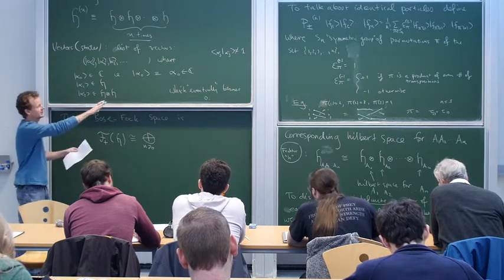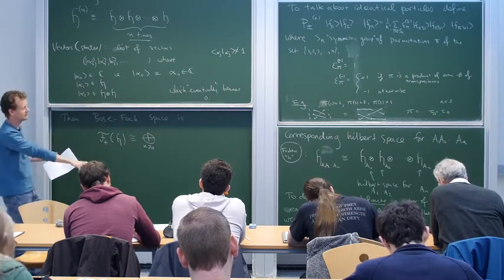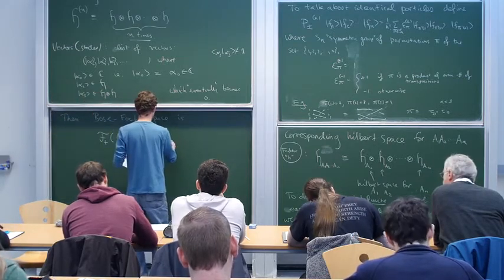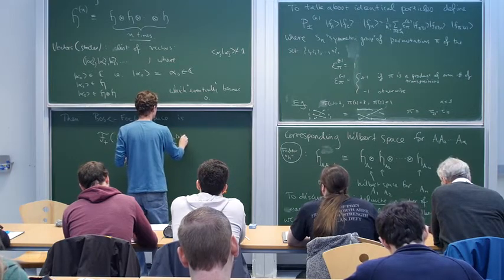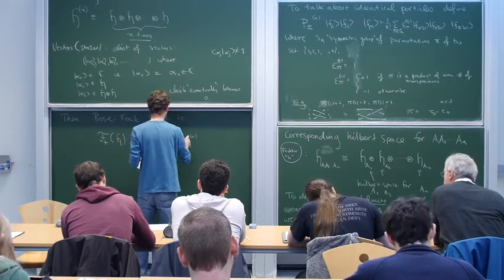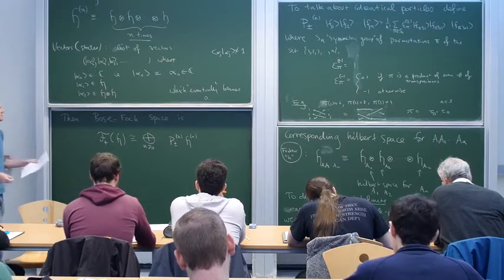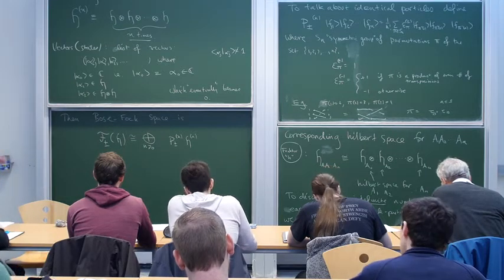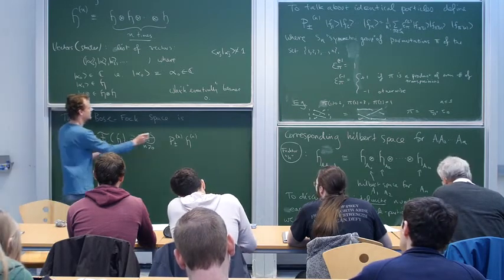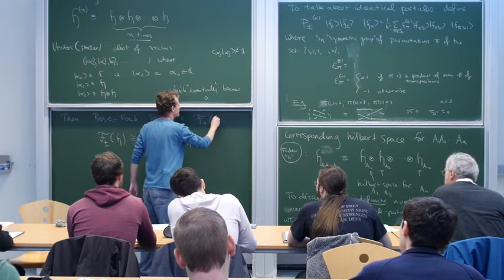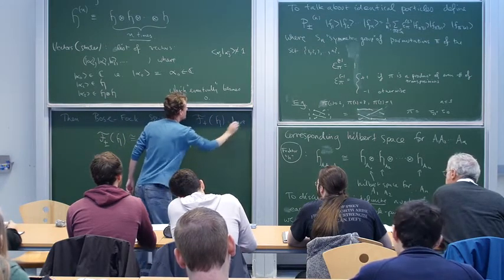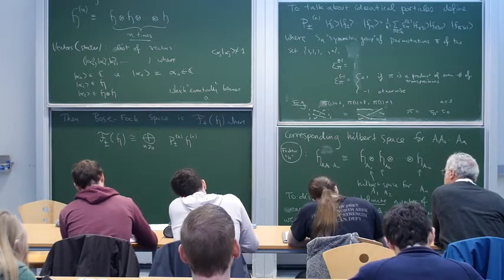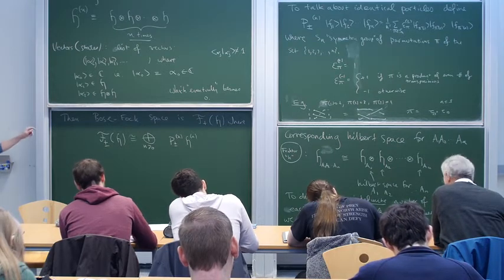It's almost exactly the same as the Fock space for distinguishable particles, except we're going to apply this projection P. Oops, there's a minus there. Well, let's do both of them at once, because we can. That's the whole beauty of this notation. You can do the bosons and the fermions all at the same time.